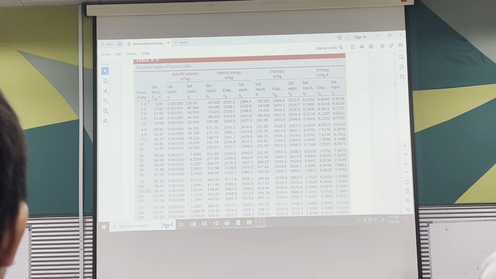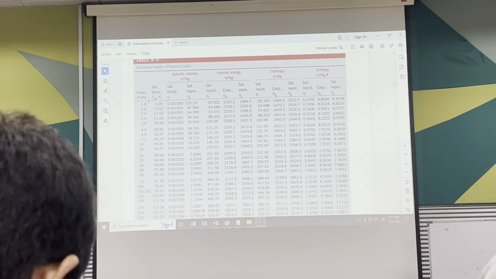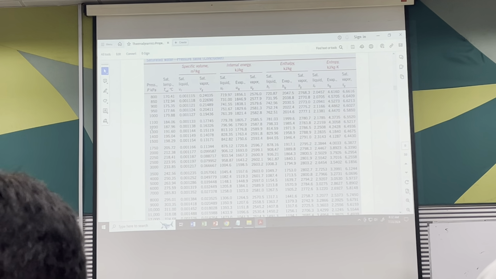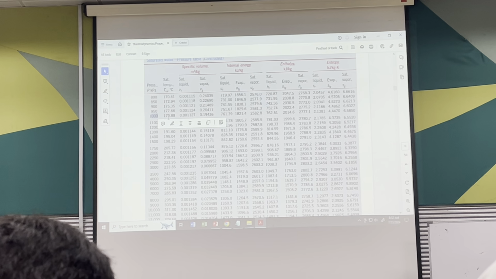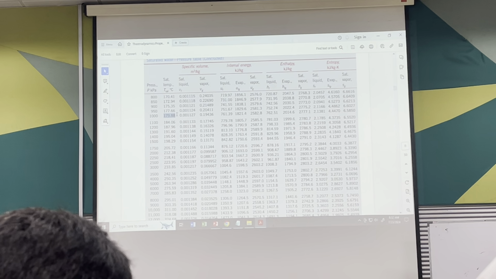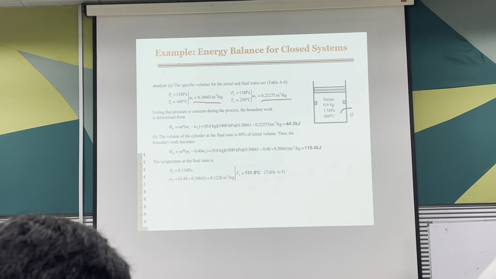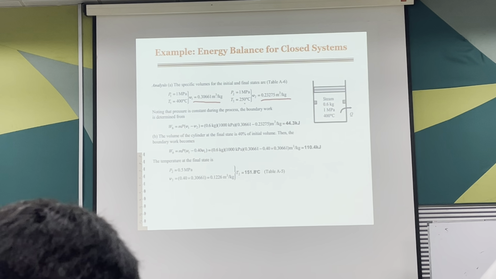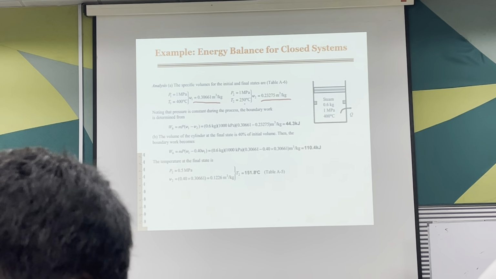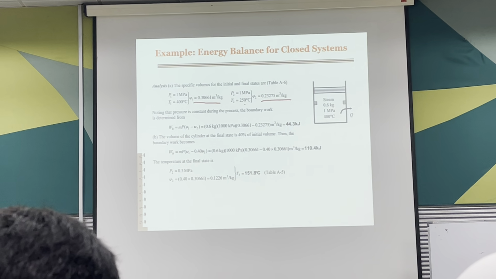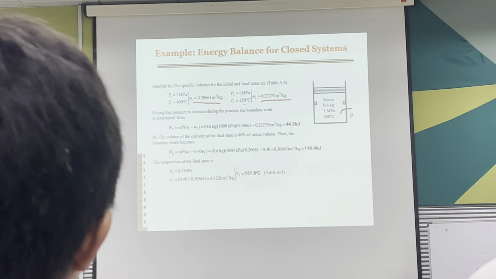Technically speaking, you can refer to the temperature table as well, but since both states are at the same pressure, we can just check it in one shot. So 1 megapascal, saturated temperature is 179.88. So in this case, both of the temperatures are above the saturated temperature, right? So since they are both above the saturated temperature, both of these are in superheated state.